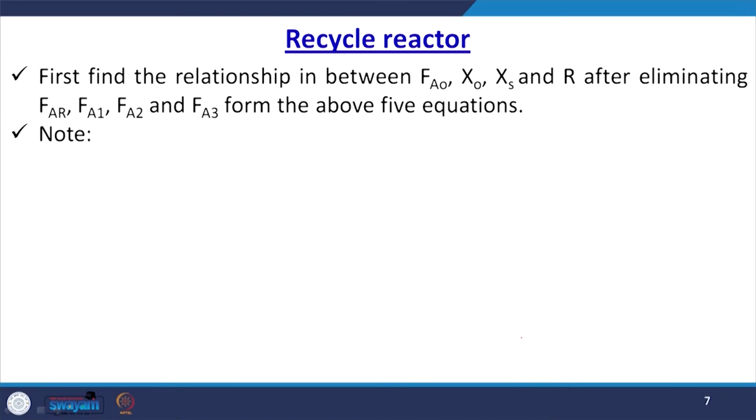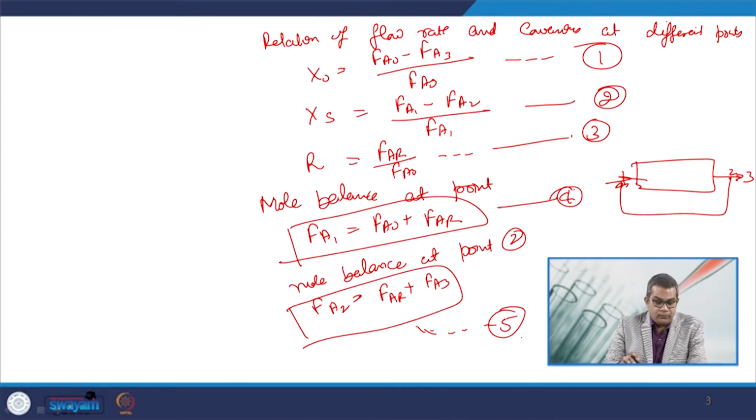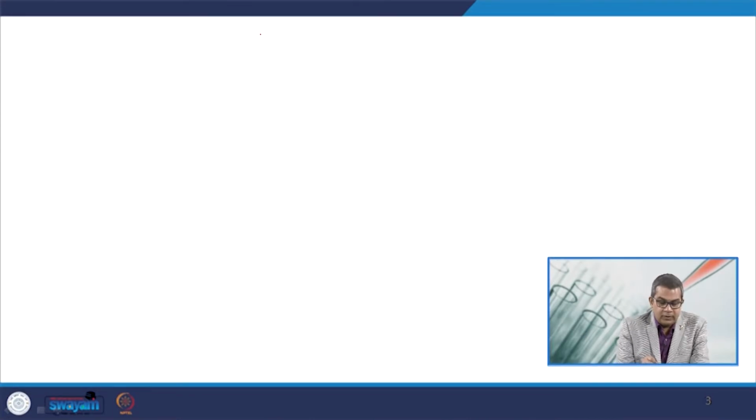In this case we need to find the relationship between FA naught, X naught, XS and R after eliminating FAR, FA1, FA2 and FA3. So, how can we eliminate these things from these 5 equations? If we try to eliminate FAR, this can be given as FAR is equal to R times FA3.